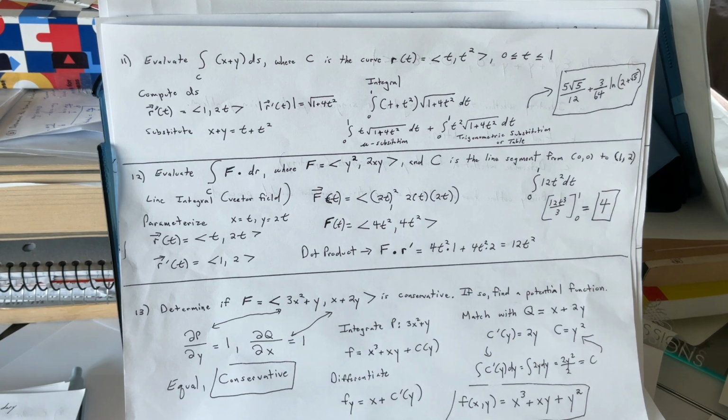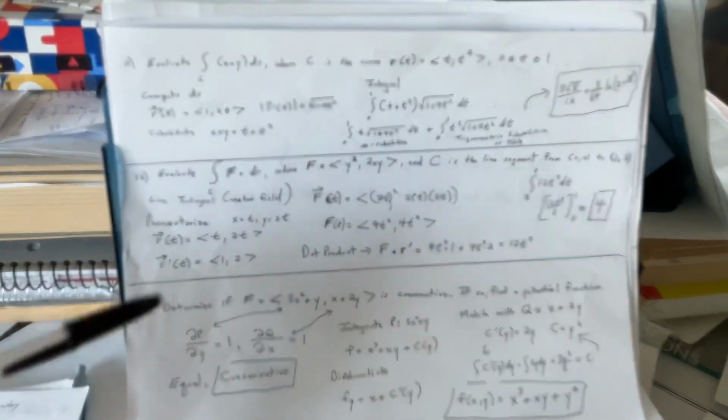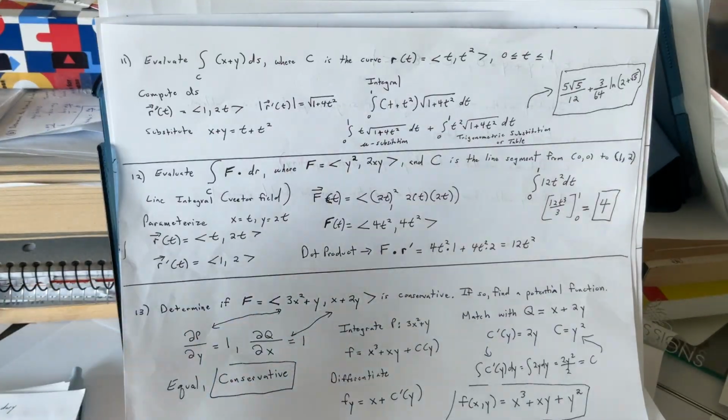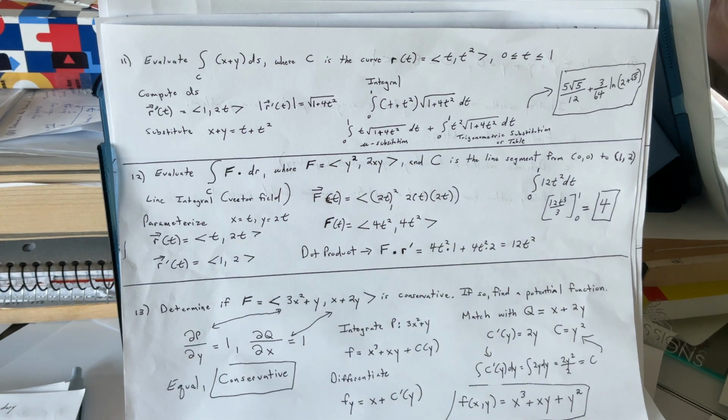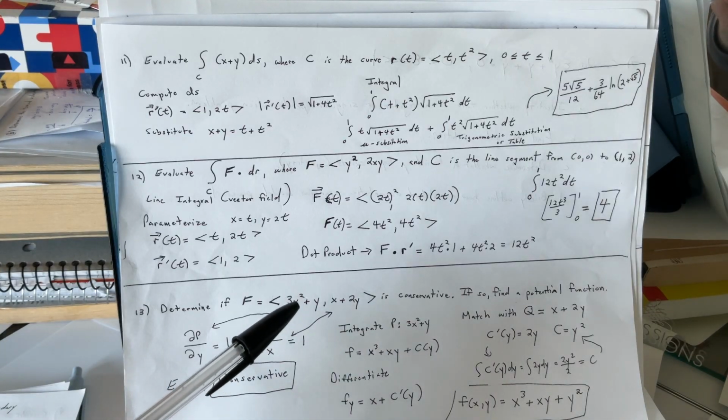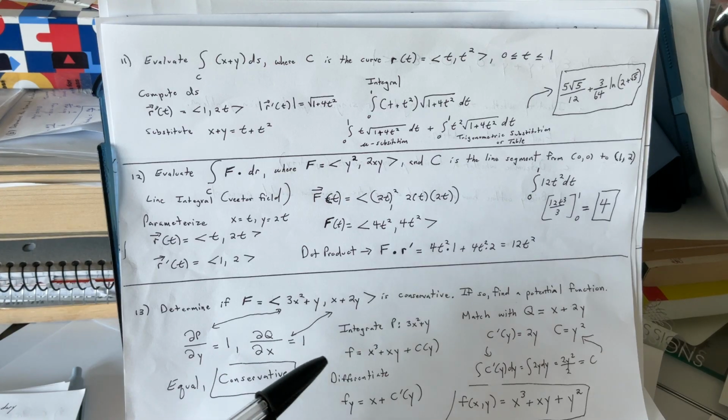Now we want to get a potential function. To get the potential function, we follow these steps. First step is to integrate the P component, 3x squared plus y. If you take a look at it, we're going to get x cubed plus xy plus c of y.